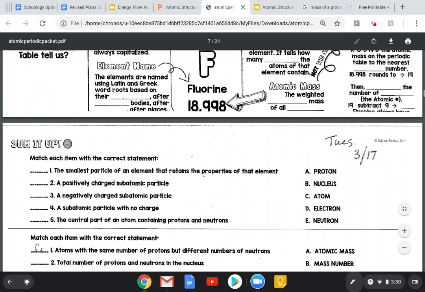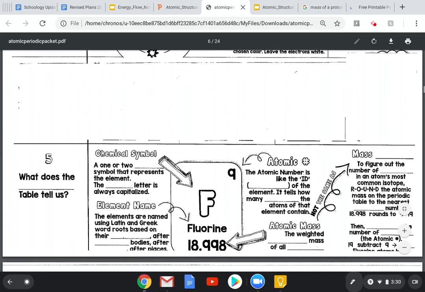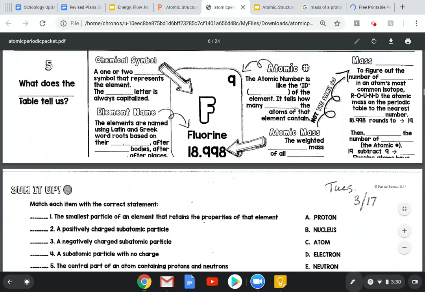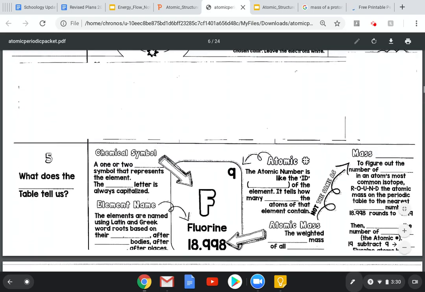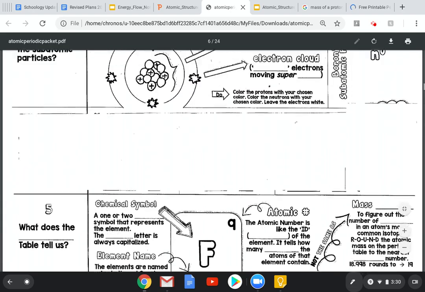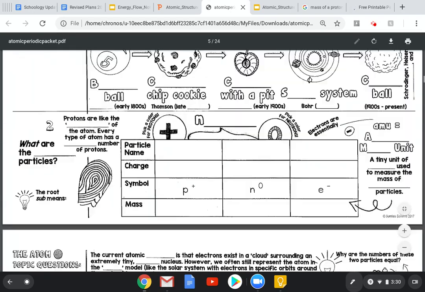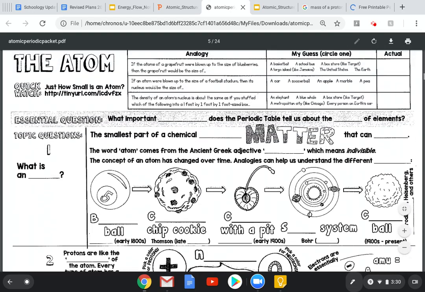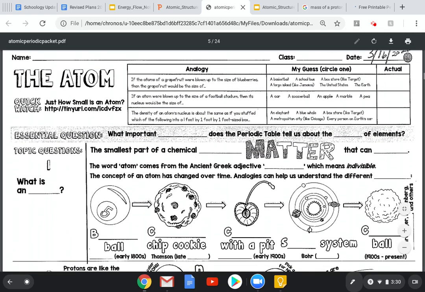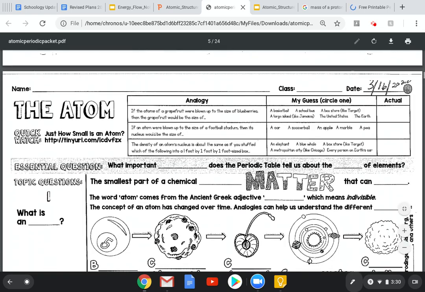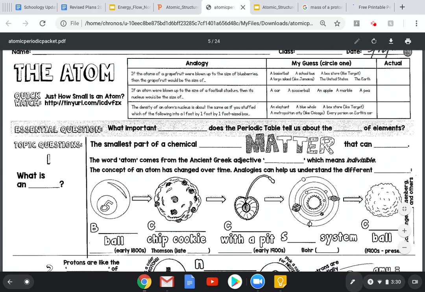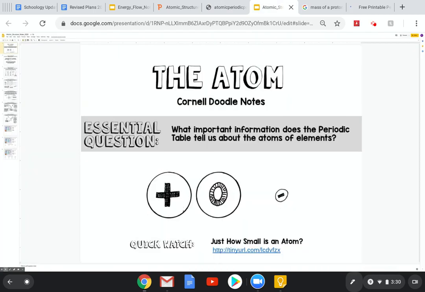The sum it up page we're not going to cover in this video. So if that's what you're looking for, this is not the video for you. We are going over the atom, its basic parts, and including these couple of pages here. So you're going to kind of fill in the notes as we go. I'm going to do my best to point out what you should be writing down. But obviously you can always pause, rewind if you didn't catch something. So let's get into it.